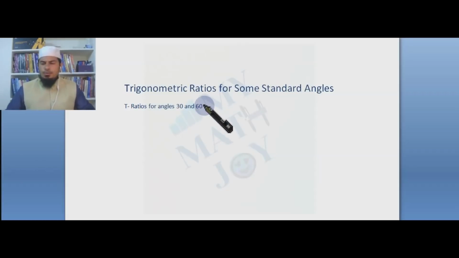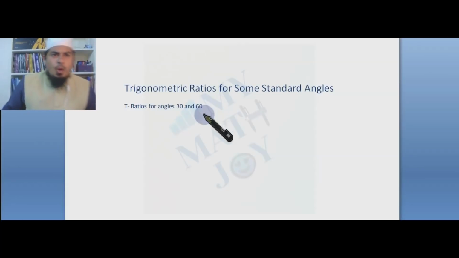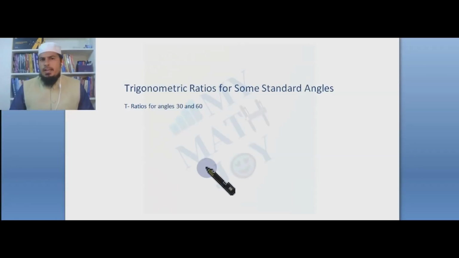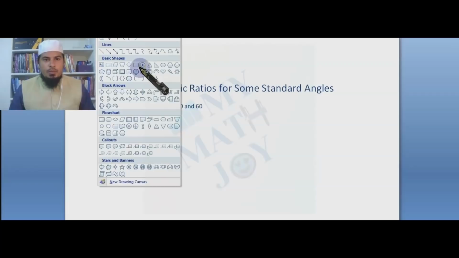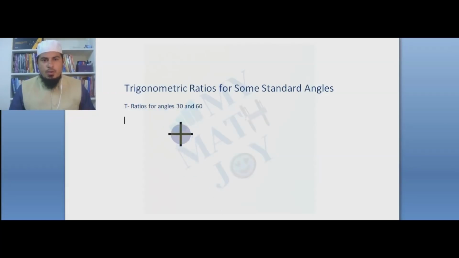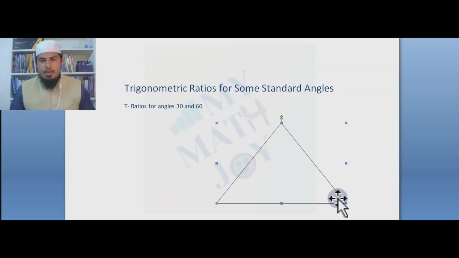In order to find the values for 30 and 60 degree, we have to take a triangle, and which triangle is it? An equilateral triangle of side 2a. Let us take an equilateral triangle in front of you. Now I'm going to insert an equilateral triangle. Okay, the equilateral triangle is in front of you now.